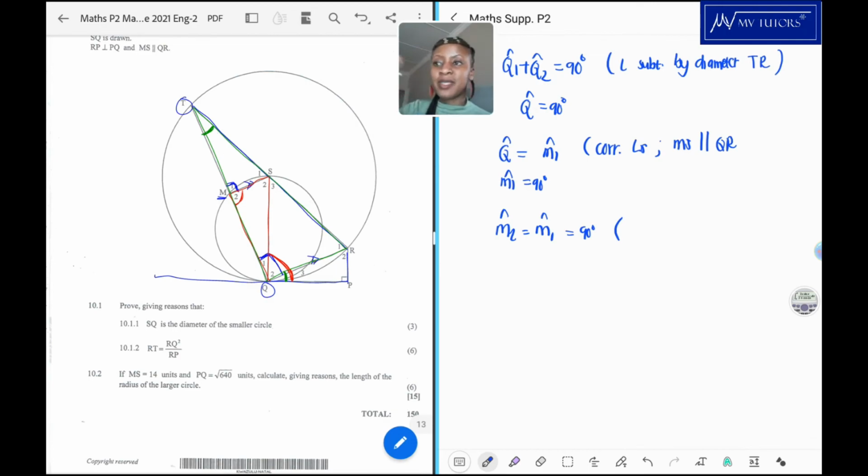So basically I would say that angles on a straight line are equal to 180. Or you can just say sum of angles in a straight line are equal to 180. So now we know that M2 is 90 degrees, and that's what I'm trying to get to.